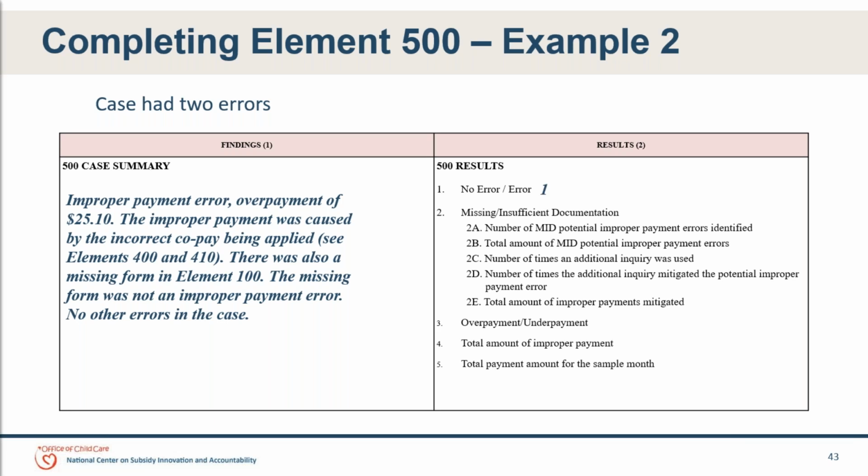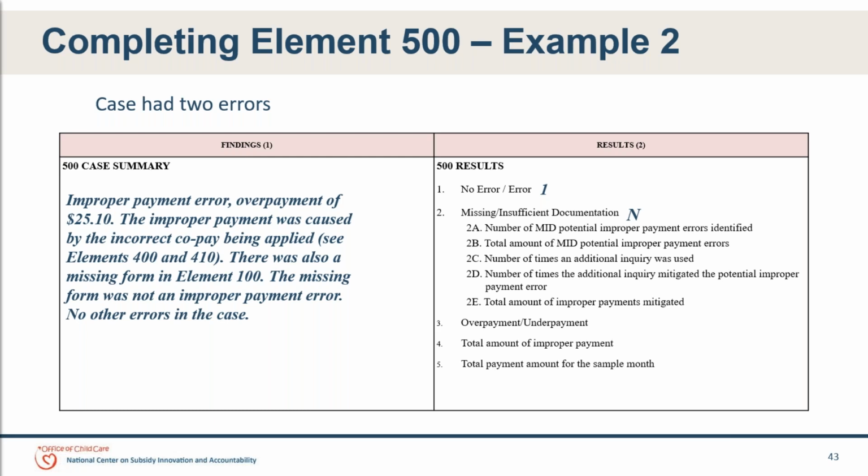All right, so in this case, column 2 for element 500, we coded item 1 as 1 because there was an error. Item 2 was coded as N. So in this instance, there was a missing documentation error in the case, but that did not result in an improper payment.